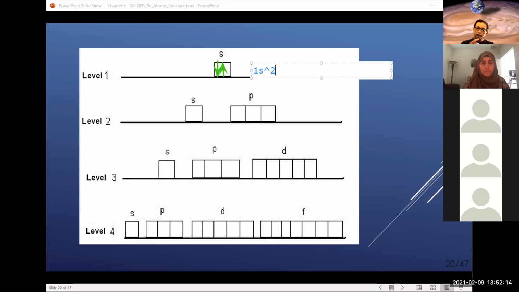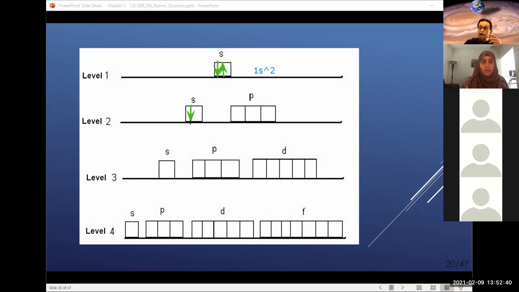Now, element number 2 is done, so I come across to lithium, element number 3. Let me get my arrow back, so I'm filling up the electrons. Does lithium not have 3 electrons? From the periodic table, it's atomic number 3.